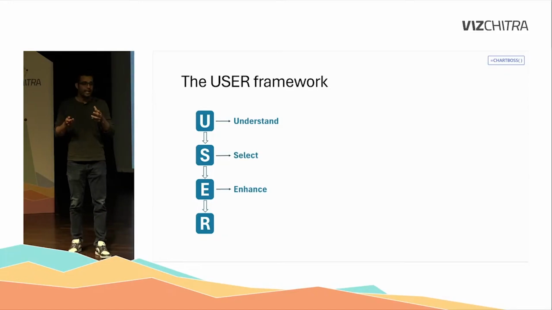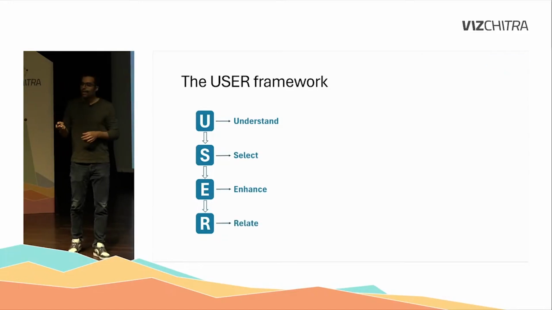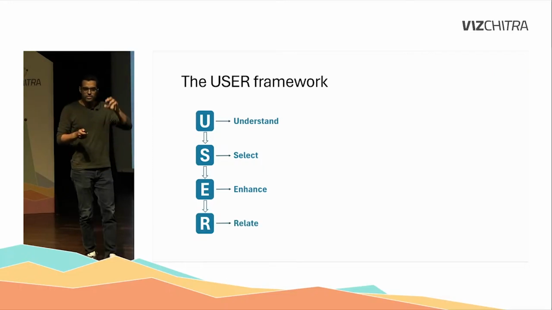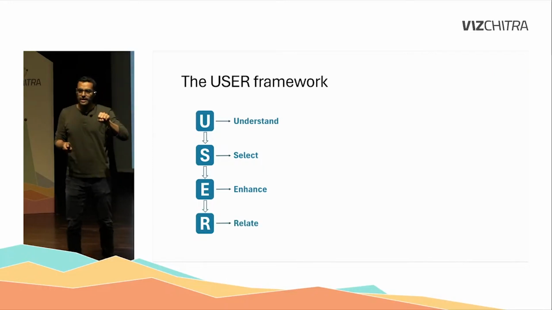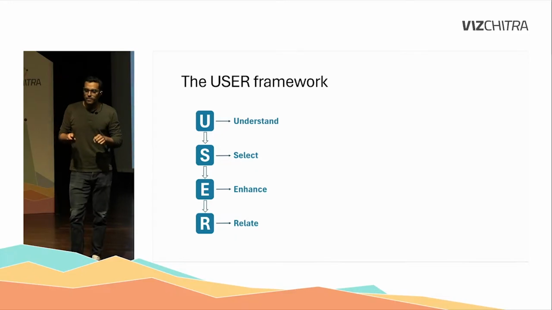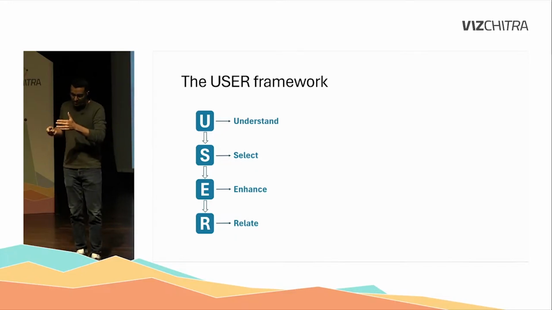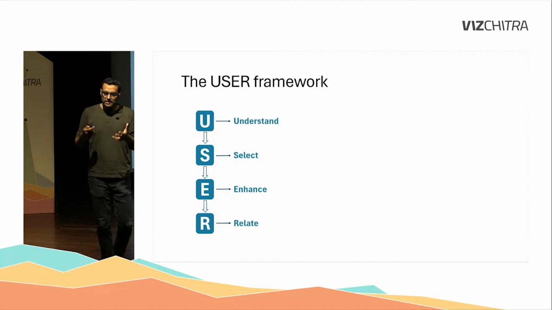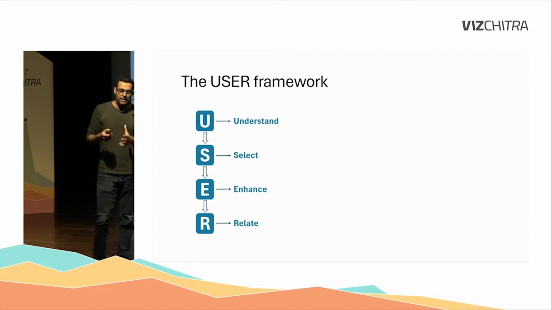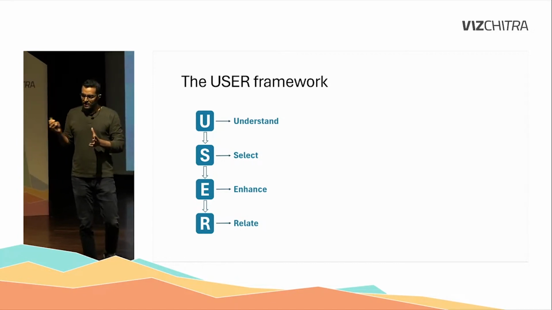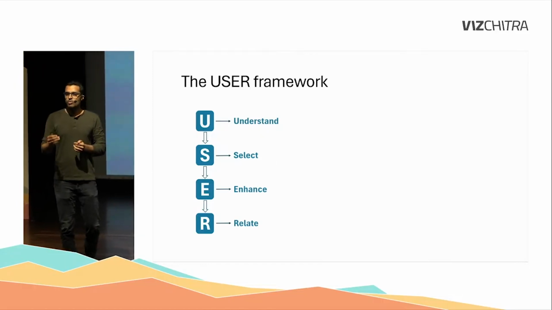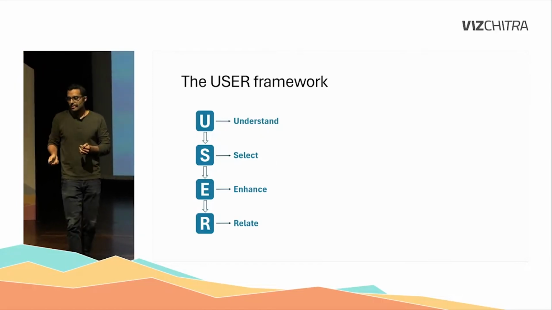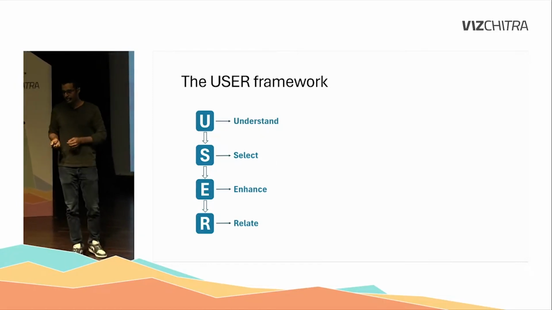E stands for enhance, and R stands for relate, right? So understand, select, enhance, relate. And the reason this came about this way was, I asked myself this question: can we somehow come up with a process that even non-technical users can follow step by step to build professional quality charts, right? So this is that process.